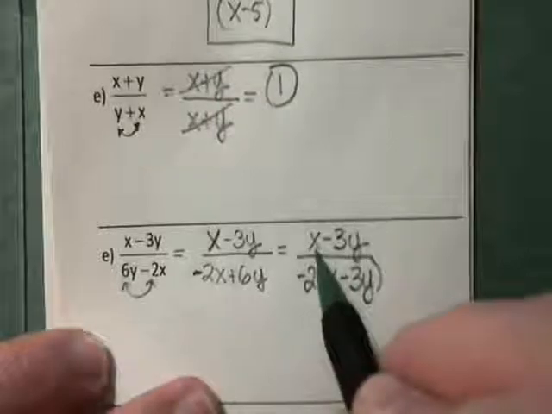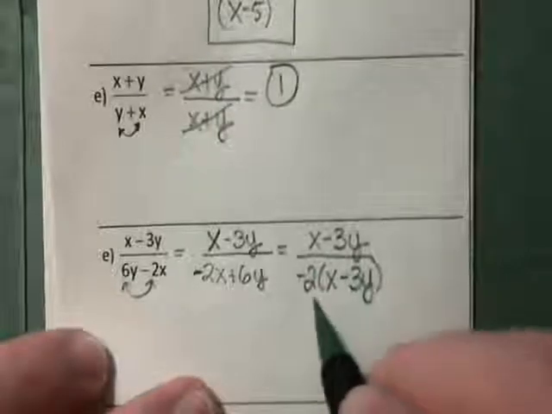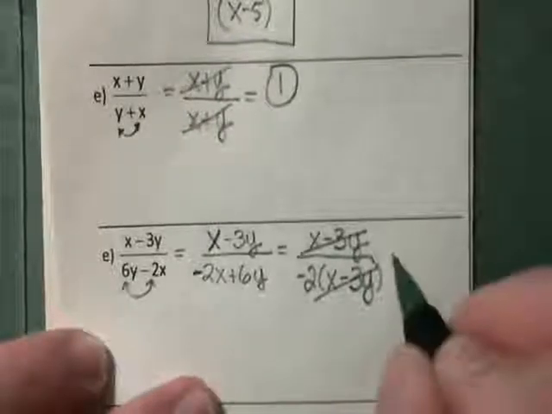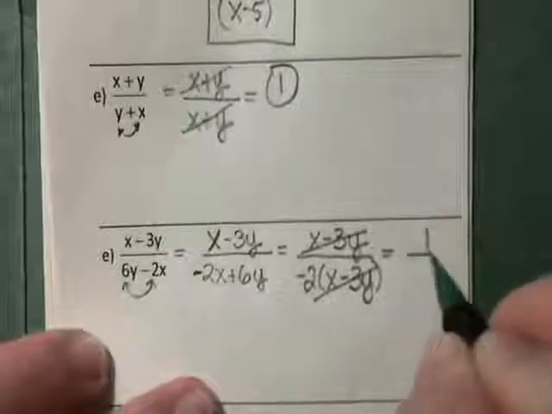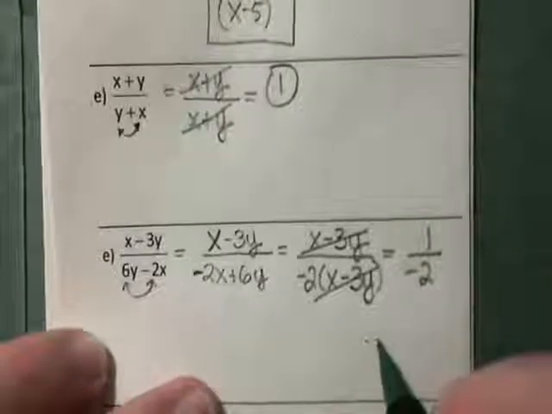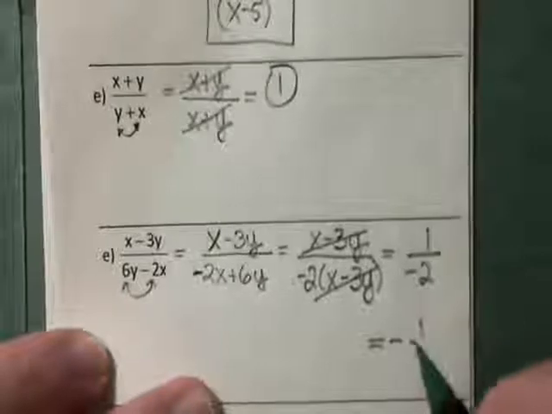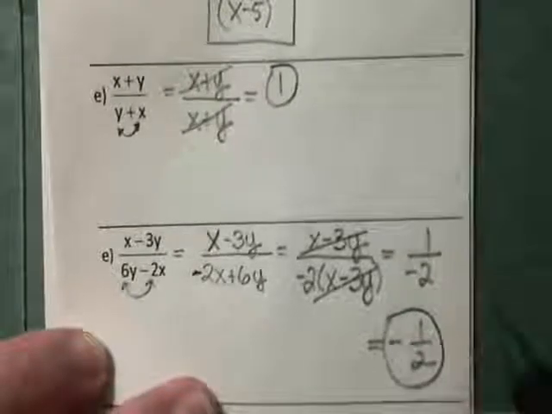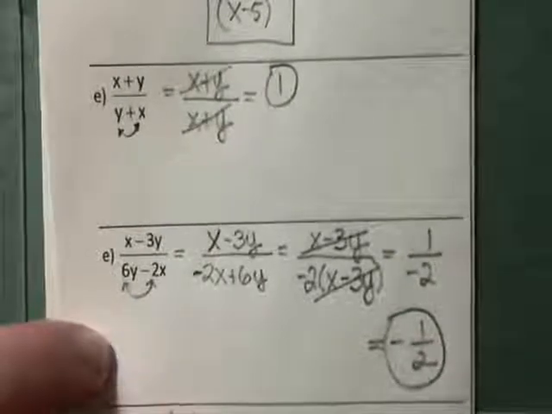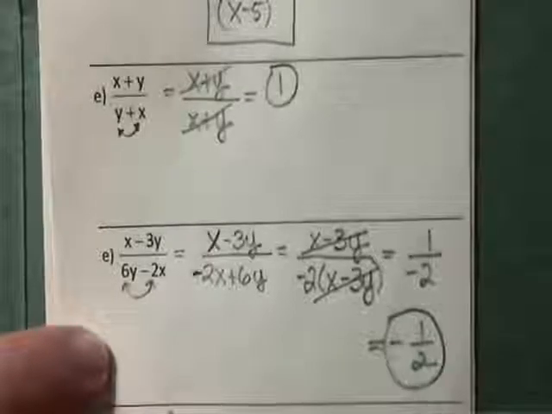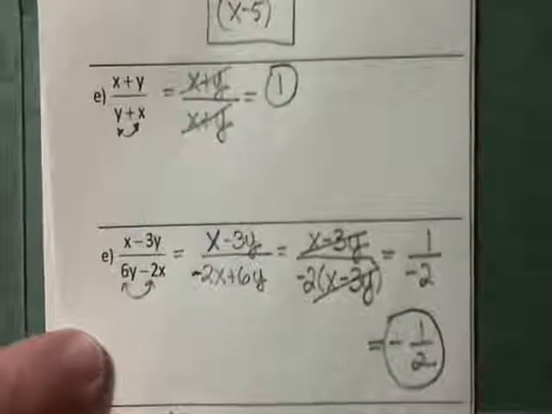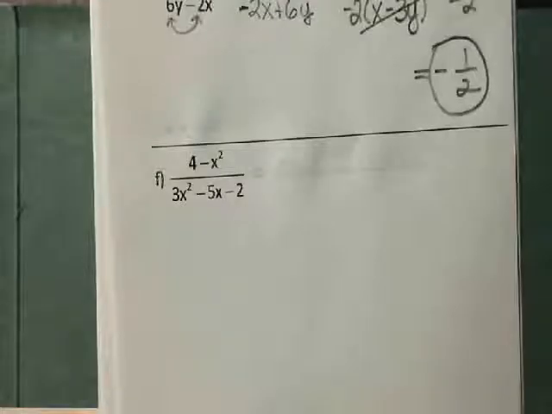I have x minus 3y on top and x minus 3y on the bottom, so that means these two binomials cancel. And I'm left with 1 over negative 2. So your final answer is just negative 1 over 2. We usually put the negative right in the front because a positive divided by a negative is a negative. Okay, and that's our answer for this problem.